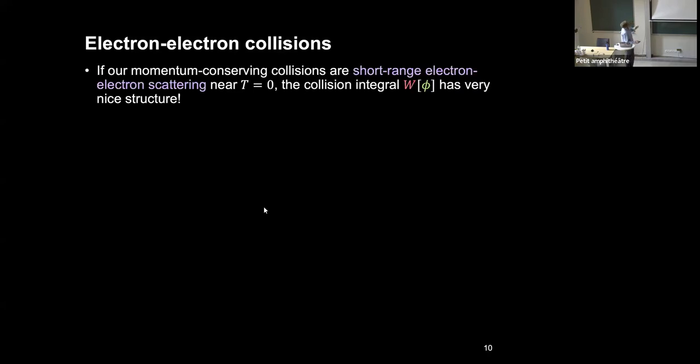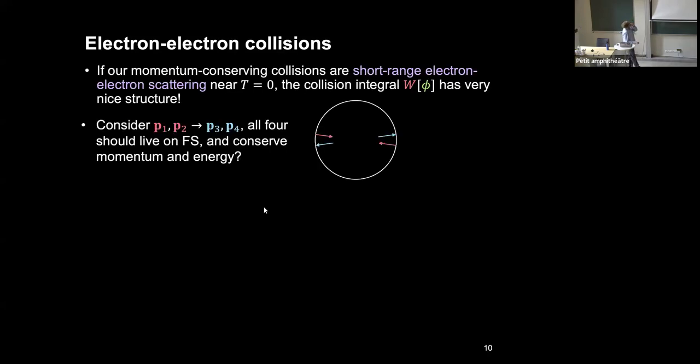Okay, I only have a few minutes, but I want to say a couple of things about the more interesting structure that electron-electron collisions have in 2 dimensions. Namely, when we're on a Fermi surface and we're considering a 2-body scattering process between electrons, we need to be really careful about the kinematic constraints: first of all, 4 momenta have to live on the Fermi surface, and we also need to conserve energy and momentum in the scattering process.